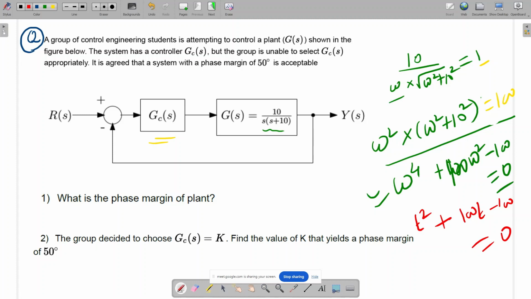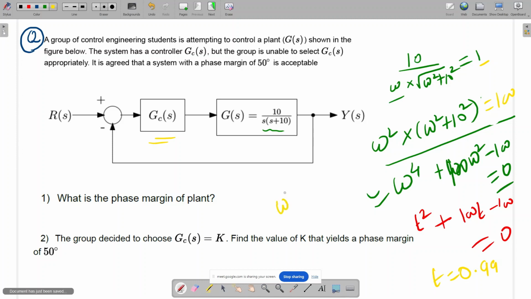It is of the form a t square plus b t plus c, where a is equal to 1, b is 100, c is minus 100. So the t value I am getting is 0.99, and another value is minus 100, so that is not correct. So for 0.99, what will be the omega value?